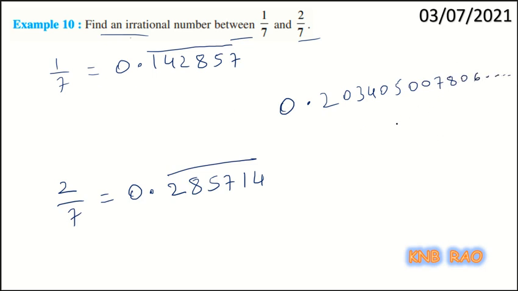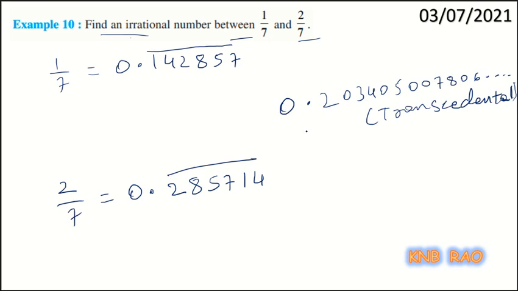This is an irrational number. I produced a transcendental irrational number in fact, which is neither terminating nor recurring, but lying between 0.14 and 0.28. So, this is an irrational number lying between 1 by 7 and 2 by 7, that is it.